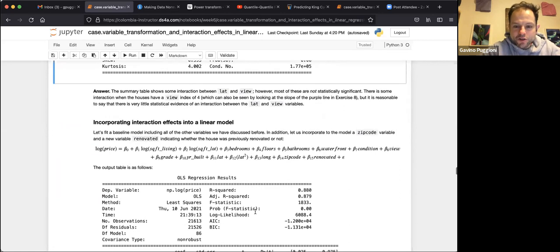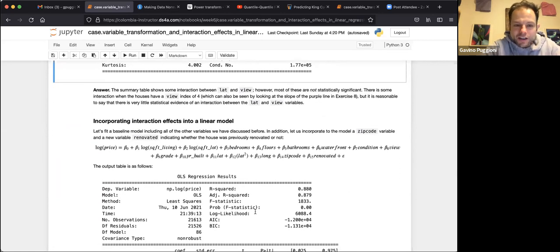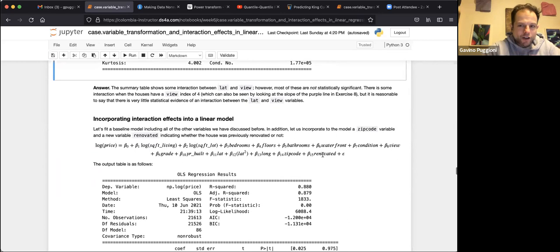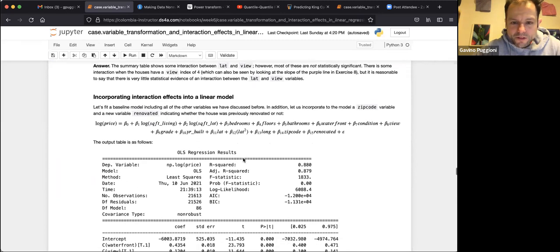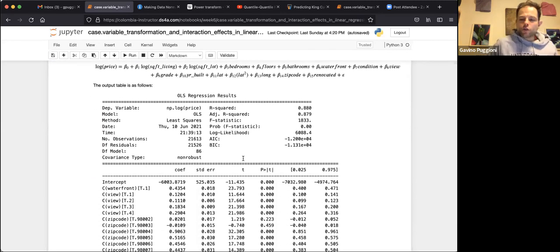And just because we want to feel very adventurous, we want to also add zip code as a categorical variable, and whether or not the house was renovated. So we are including other variables that make sense. Plus, we are also looking at latitude and latitude square. And we have the following output.